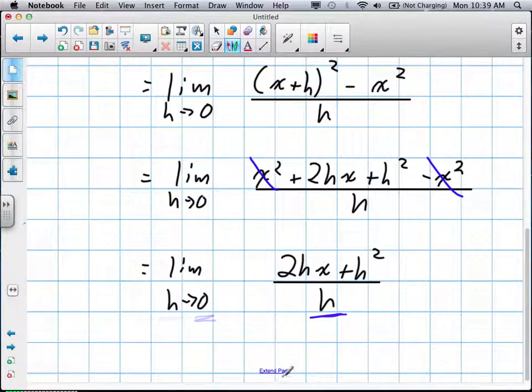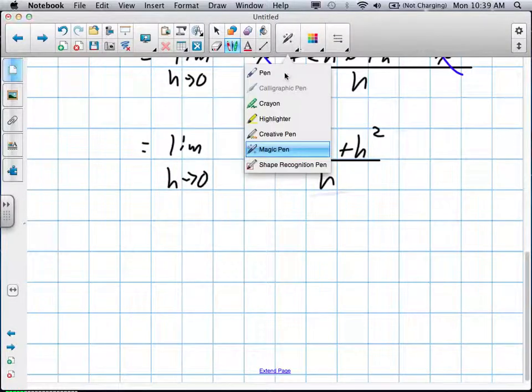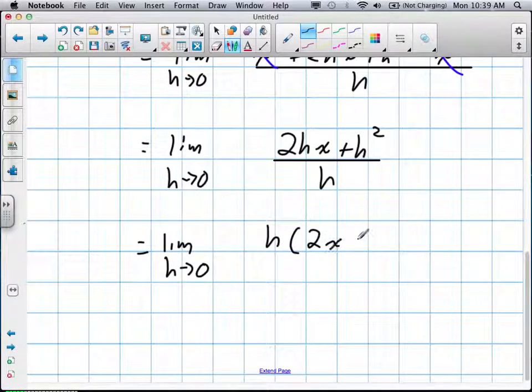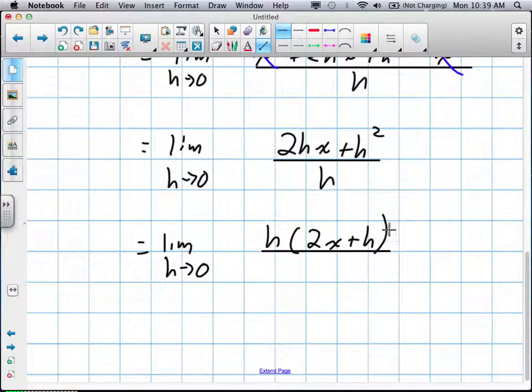So we need to get something else on the bottom of this. We're going to factor the h out on top. Limit as h approaches 0, we get h times 2x plus h, divided by our h value.